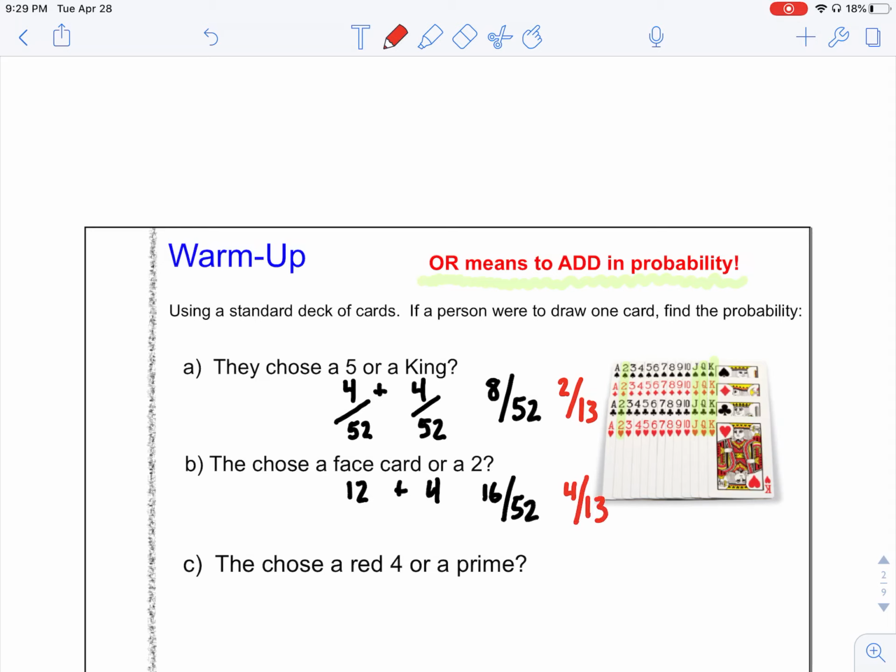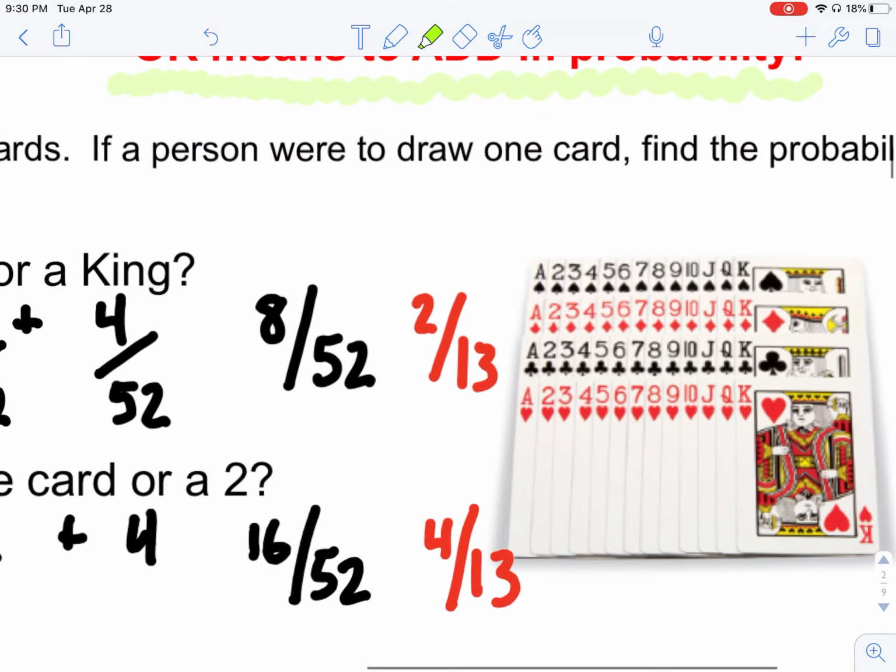Okay, good deal. Same question. We've got a red 4. Choose a red 4 or a prime. Well, how many red 4s? So it looks like there's 1, 2, and then a prime number. Okay, well, there's a 1, 2, 3, 5, 7. I believe that's all of them. So how many is that? 1, 2, 3, 4, 5, 20 plus 2 more, 22.